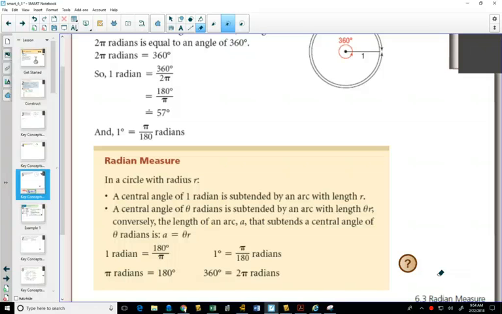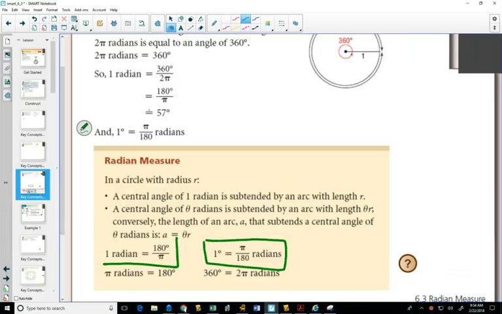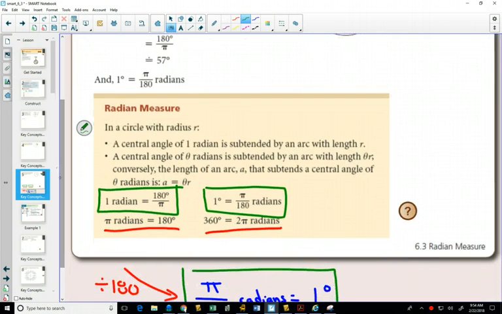It has what we just figured out, this 1 degree and this 1 radian. It has this important information that we determined as well. I would also like you to write beside this box, you have some space.